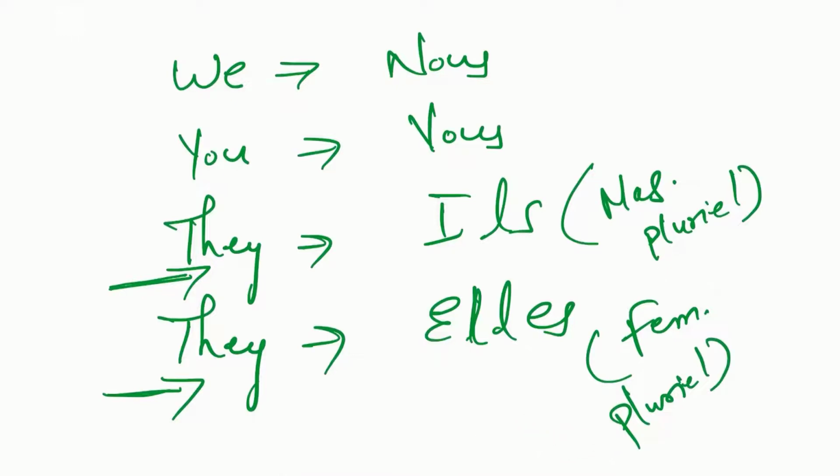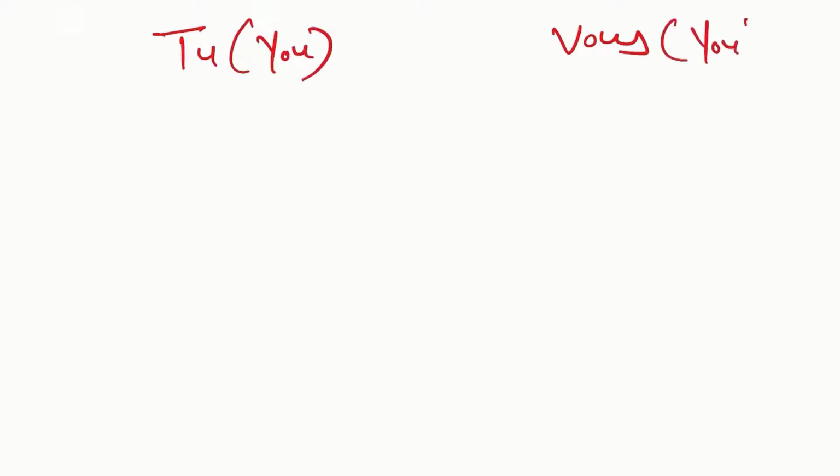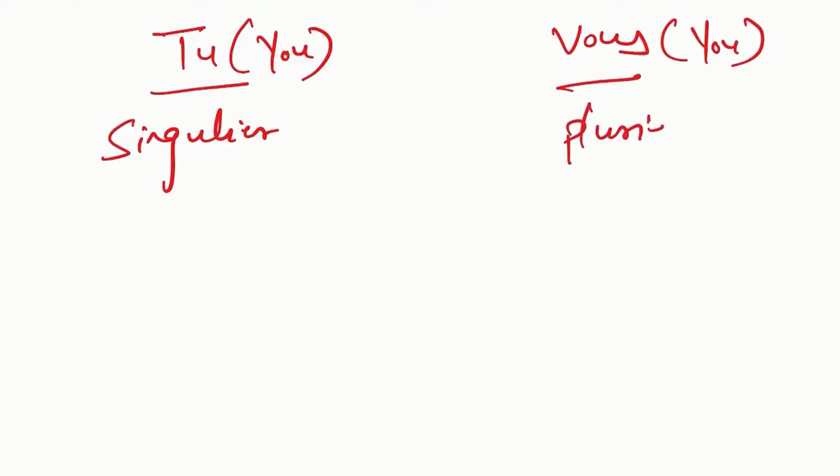Okay. So let's see the difference between tu and vous. Why I said see the difference between tu and vous is because this is also you and this is also you. But as I told you earlier, this tu is used for singulier, and vous for plural.